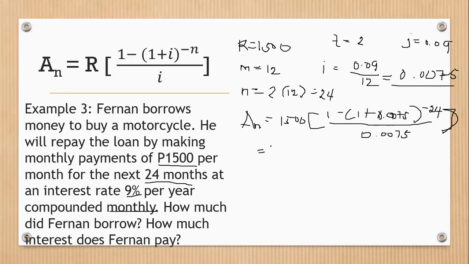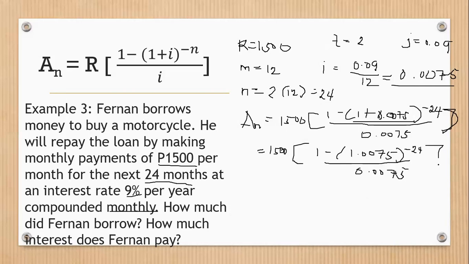Simplify po natin, 1,500 quantity 1 plus, simplify yung nasa parentheses, so we can have 1.0075 raised to negative 24 divided by I, which is 0.0075 equal to 1,500.